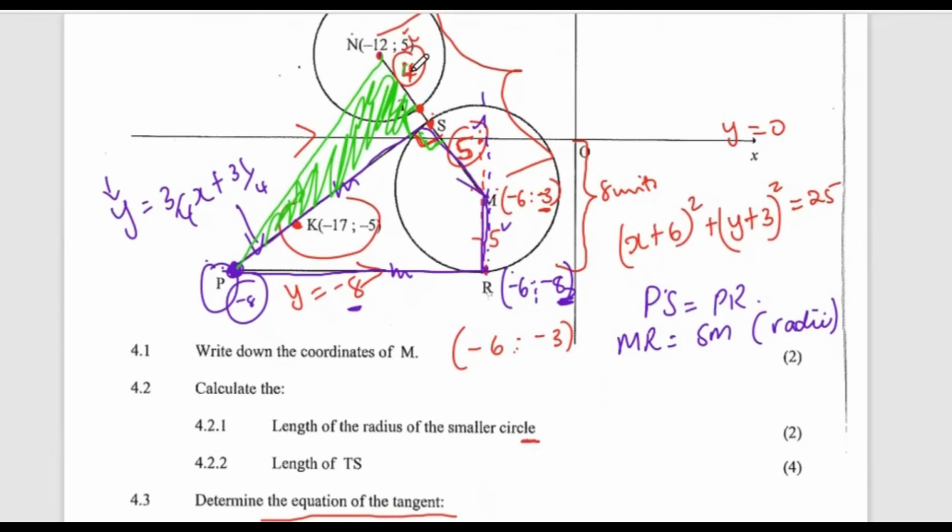We know this is a 4. This small distance here is a 1. So which means that total distance there is going to be 5 units. We've assumed this to be 15, since we said this is the same as that. So we can get the area of that. Then they want us to get the area of this entire quadrilateral.